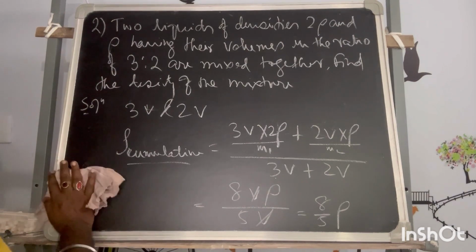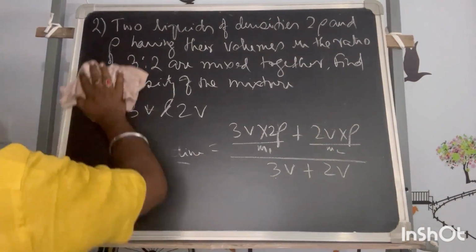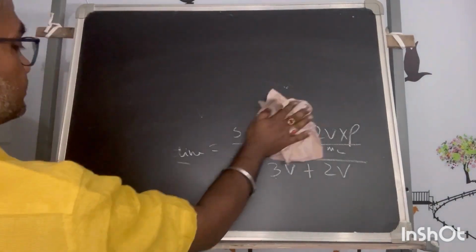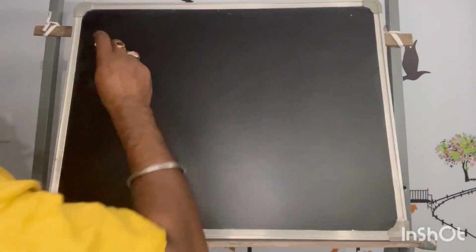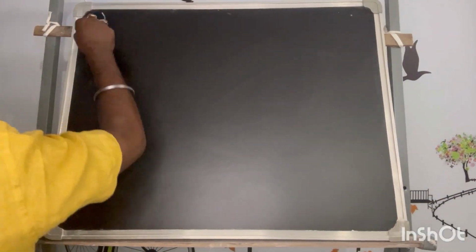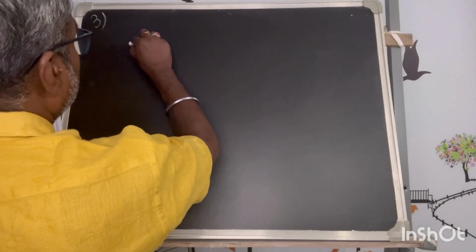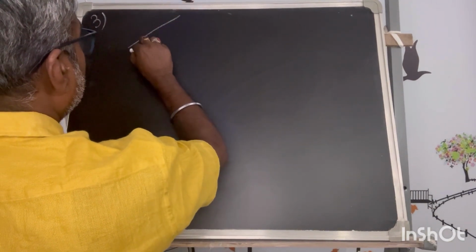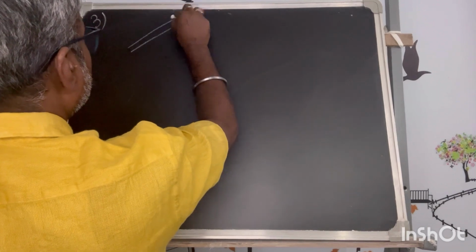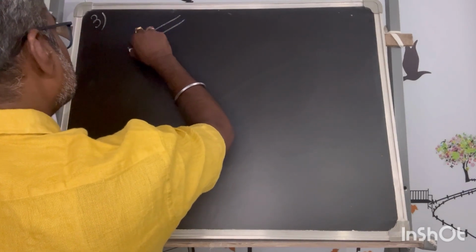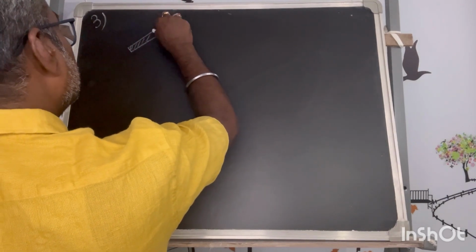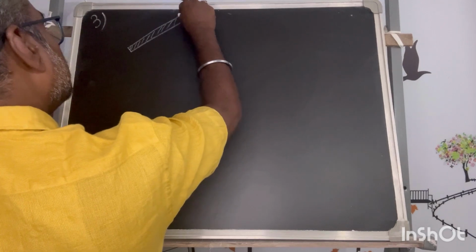So we'll move on to the next problem, that is problem number 3. Number 3 says there is a glass tube with a liquid inside that is filled up to some length.